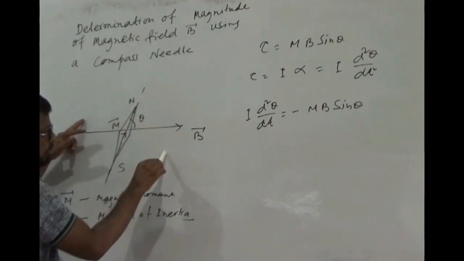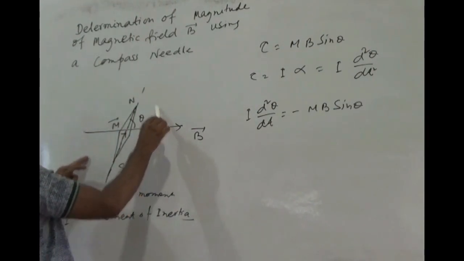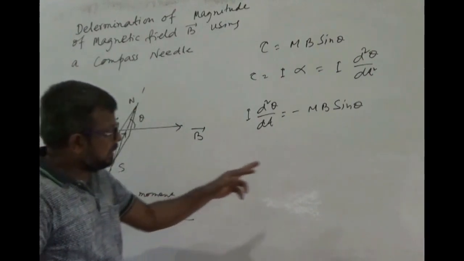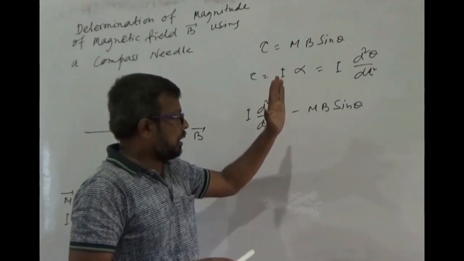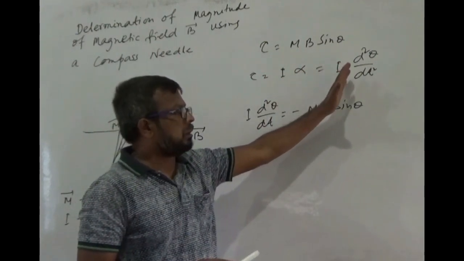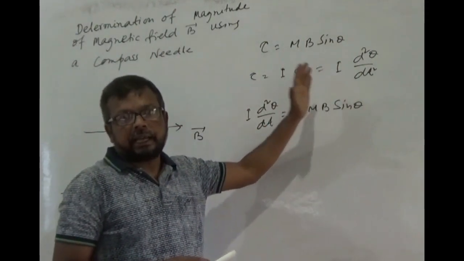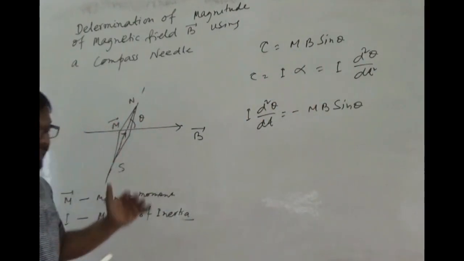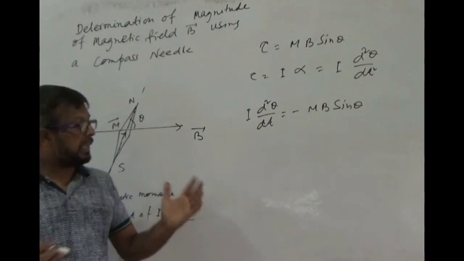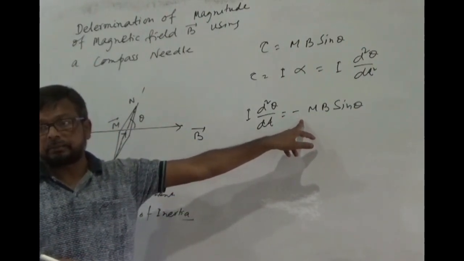This is the direction of the torque, but the displacement is in this direction. That's why the angular displacement and the torque acting on the magnetic needle are in opposite directions, and that's why we put a negative sign.